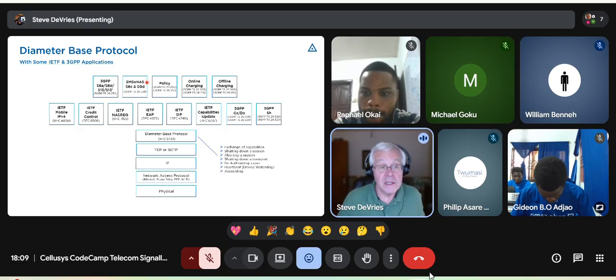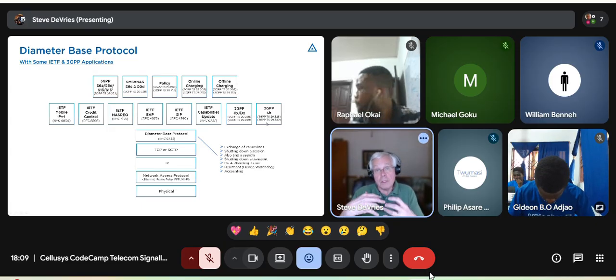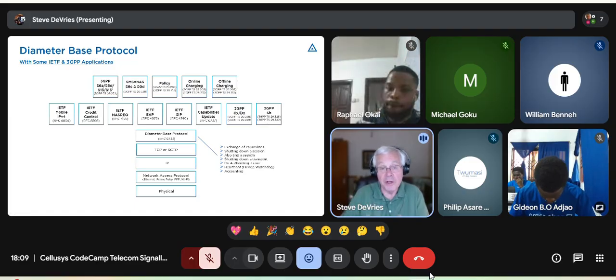It's used for SMS within the LTE network, and that's an optional feature. It's used for mobility management here. It's used in the IP multimedia subsystem. So Diameter has a lot of different interfaces.